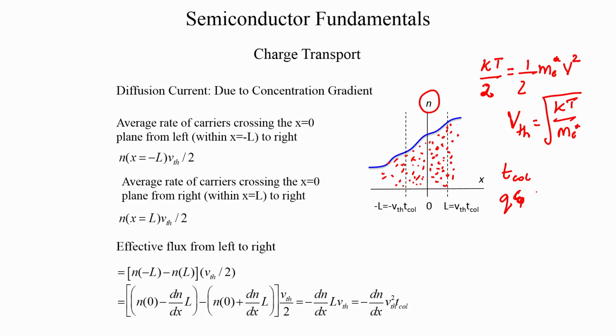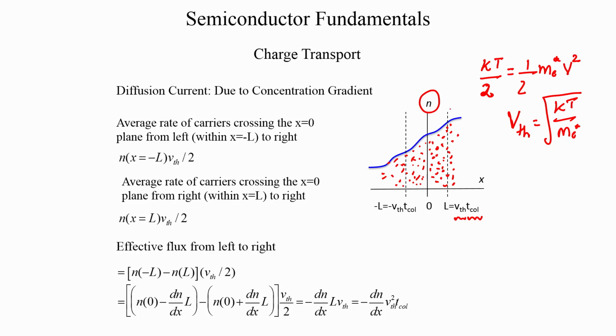When we looked at mobility, we defined the mobility in terms of the mean collision time. This is the time between any two consecutive scattering events, statistically speaking.